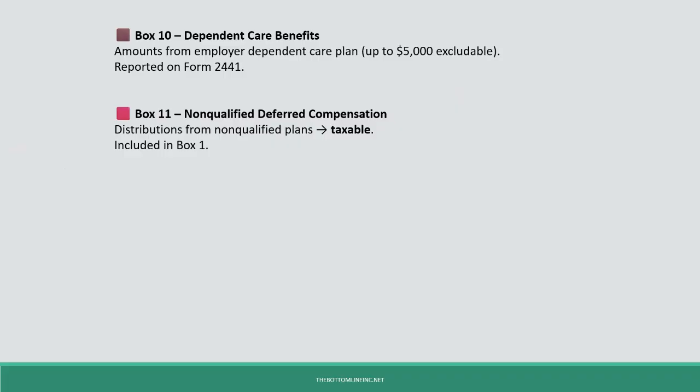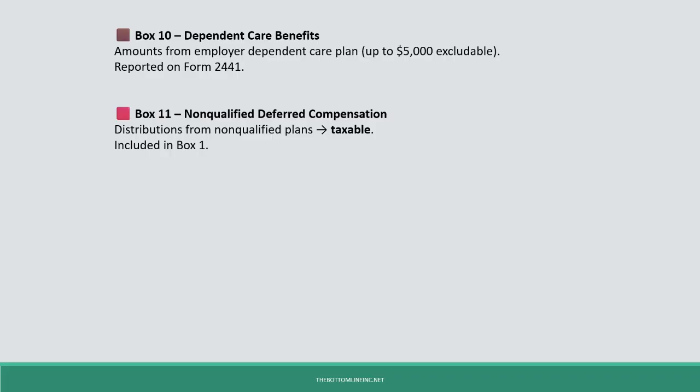Box 10, your employer, you can defer up to $5,000 per child for daycare expenses for a child, and I believe it's under the age of 13. So instead of getting taxed, you can have a dependent care plan with your employer up to $5,000 per child. That gets deferred, so your box 1 is going to be reduced by $5,000.